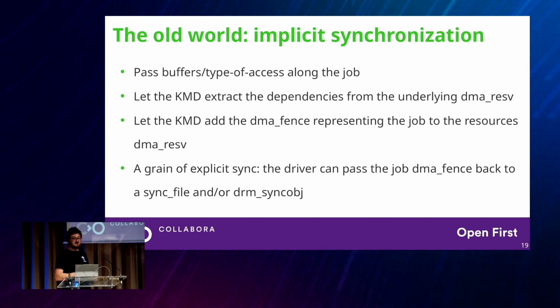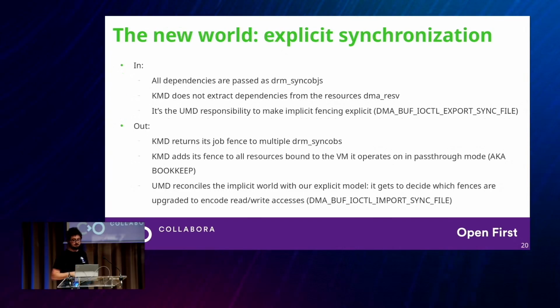So that's implicit synchronization. There was also a bit of explicit synchronization. So most drivers allow you to also get a fence back through a sync object or a sync file. So you could still wait for some job to land, but you couldn't really define which explicit job you wanted to wait on. It was all implicit. In the new world, this is all explicit.